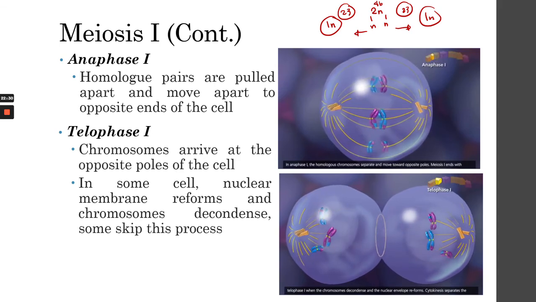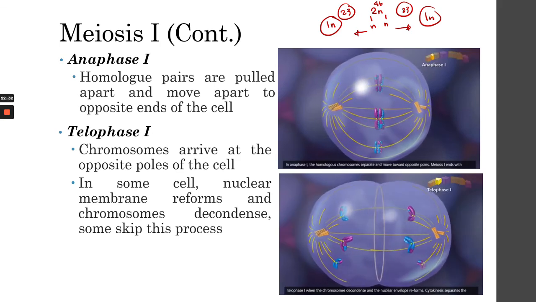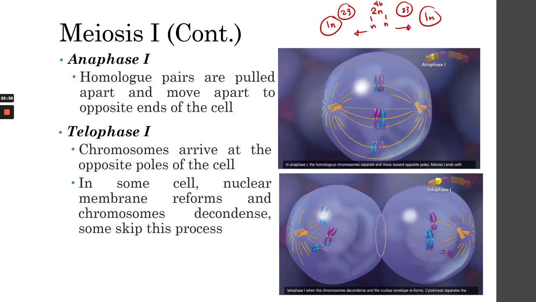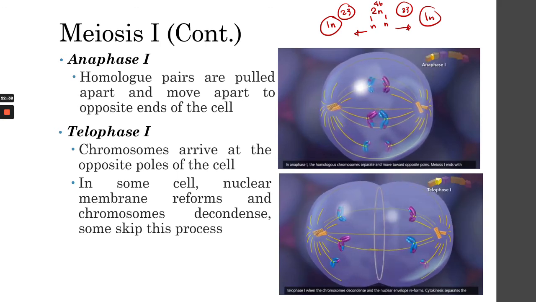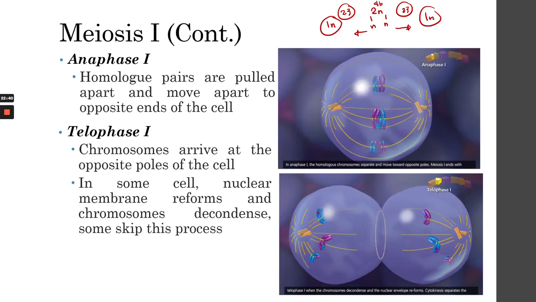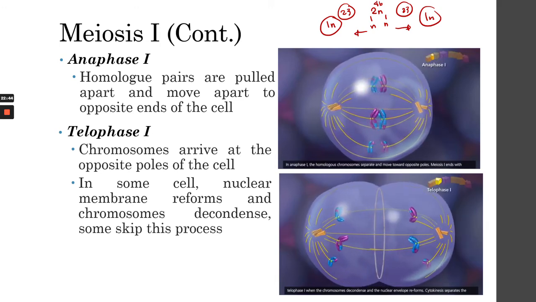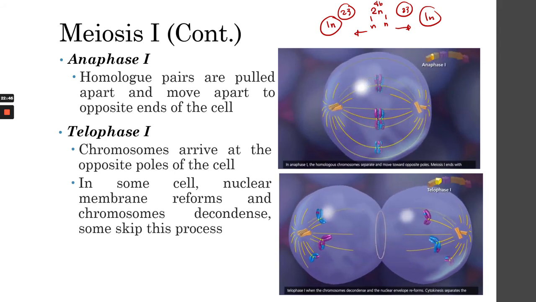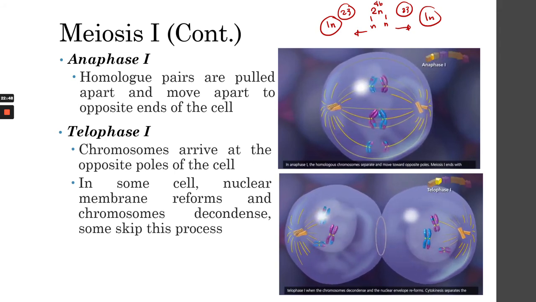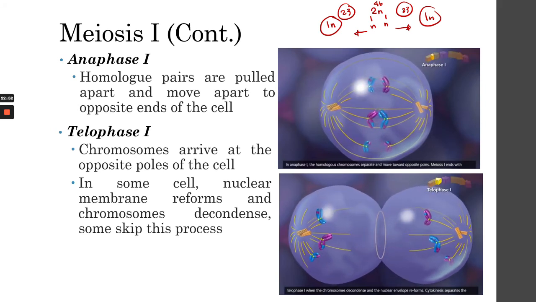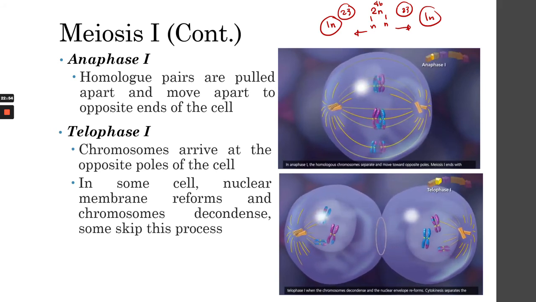In some cells, they recreate the nuclear membrane, the nucleus, and the DNA decondenses. But some cells escape the process because some cells immediately go to meiosis 2.